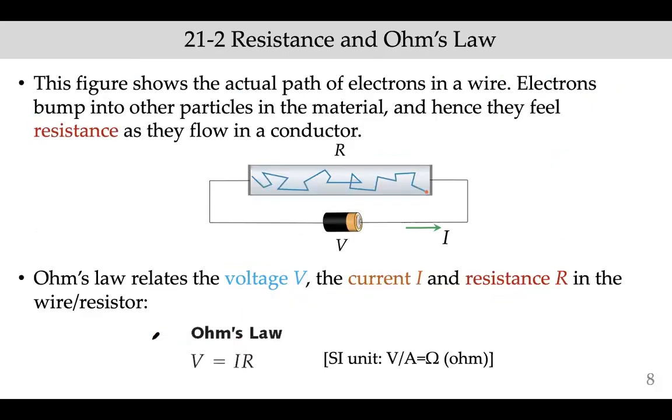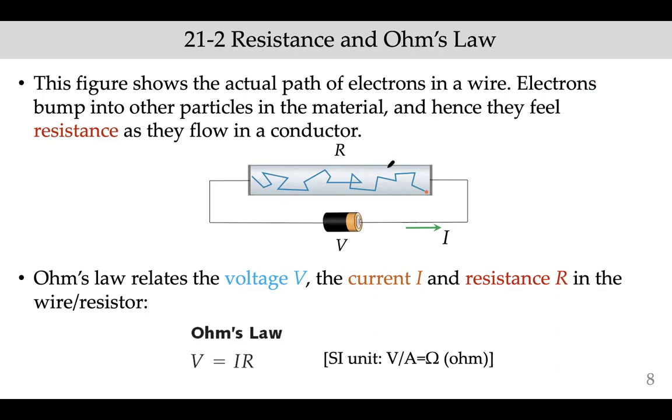So this figure shows the actual path of electrons in a wire. When you have a wire, if you zoom in and look at the electrons, they actually hit the atoms, so they are scattered. An electron bumps into the atoms, and its path makes these zigzag motions.